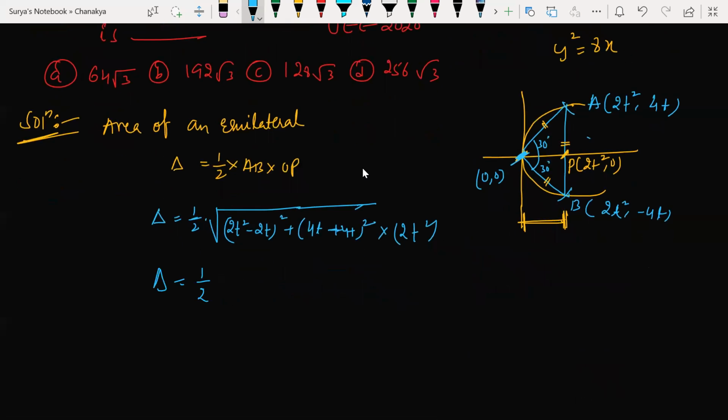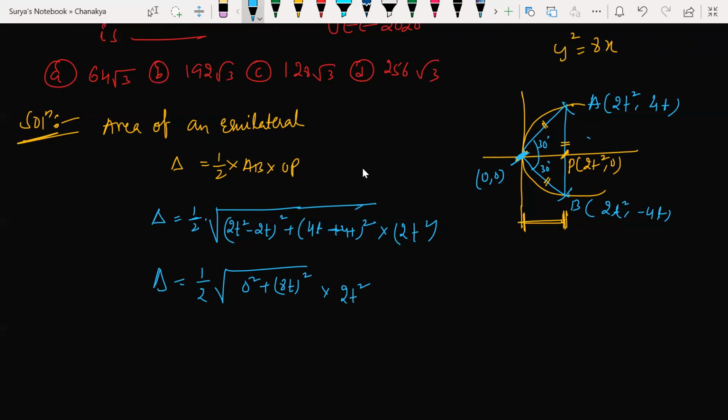So area of the triangle is equal to half into square root of 0 square plus 8t whole square, into 2t square. It is not 2t whole square, it is 2t square.